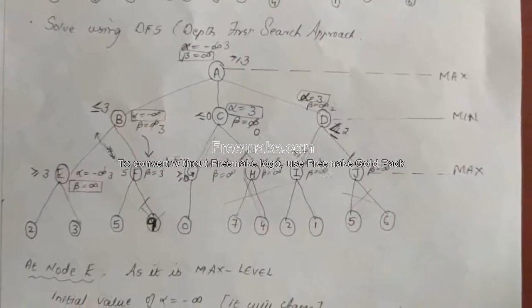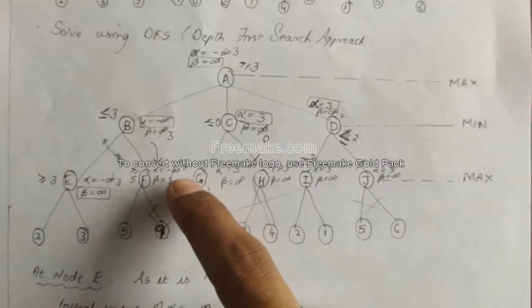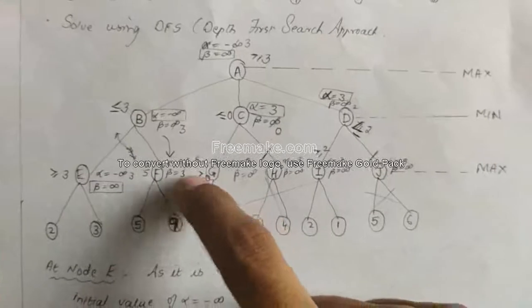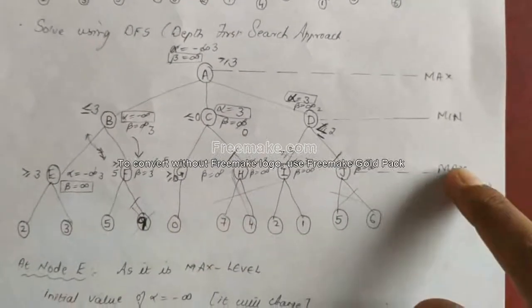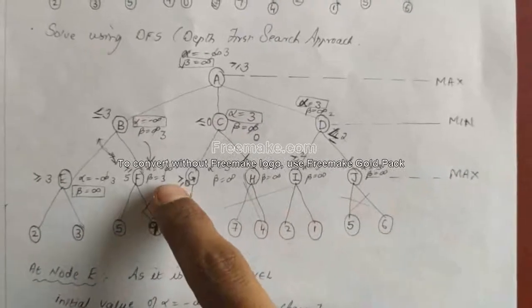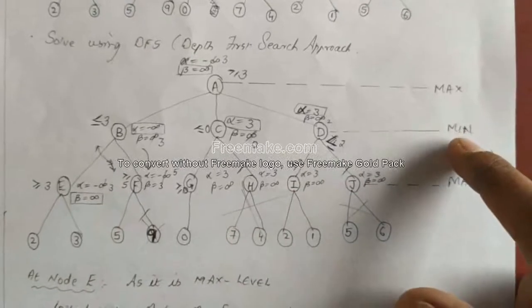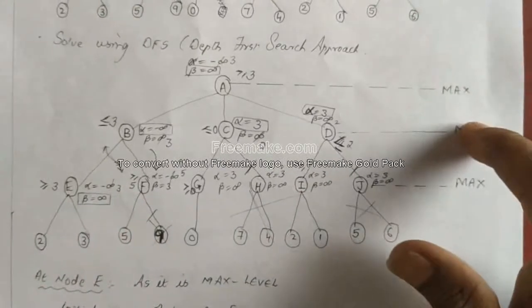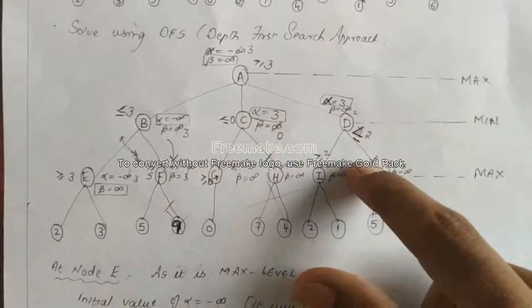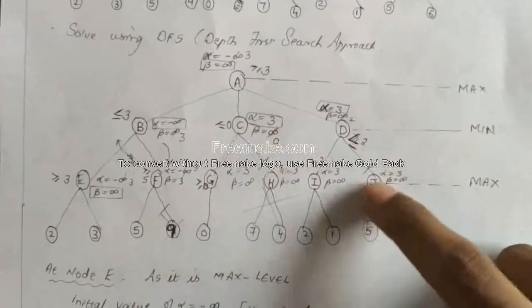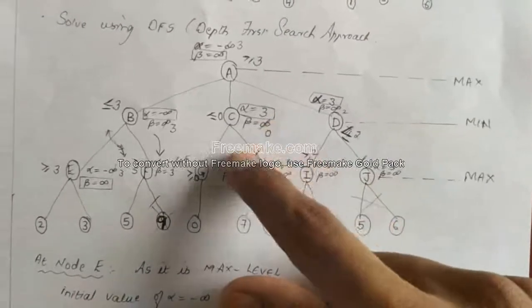So according to this example, the alpha cutoff is equal to 1 as follows. Since we have only one node which is not considered for exploration, and since it is max, this is considered as the alpha cutoff, which is 1. And the beta cutoff is as follows. The minimum cutoff, that is, as you can see we have cutoffs here and here, but these should not be considered actually.